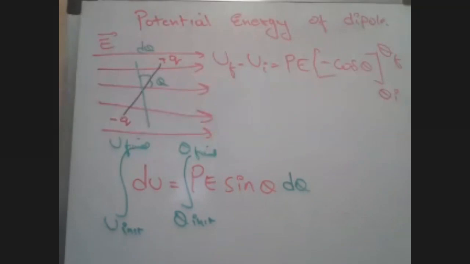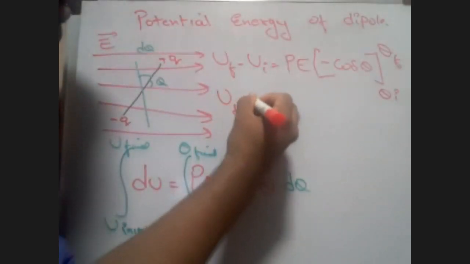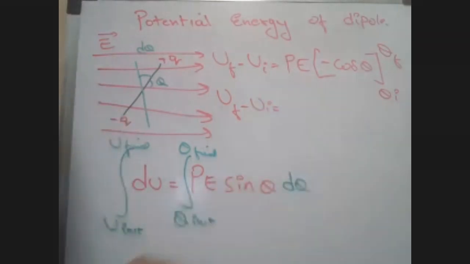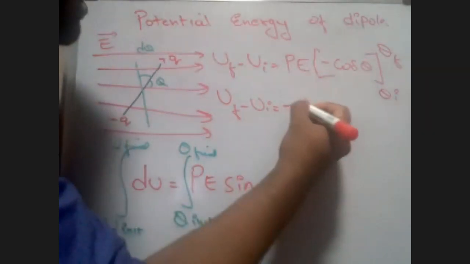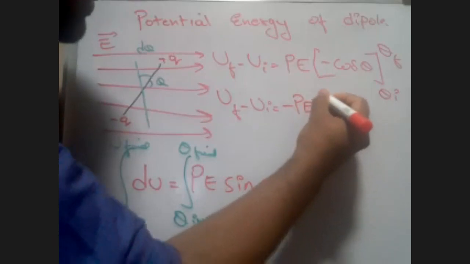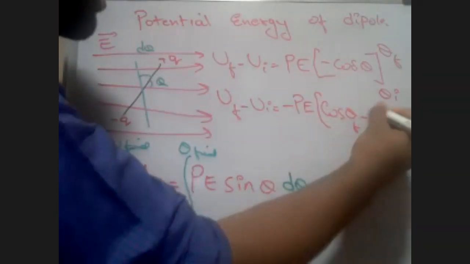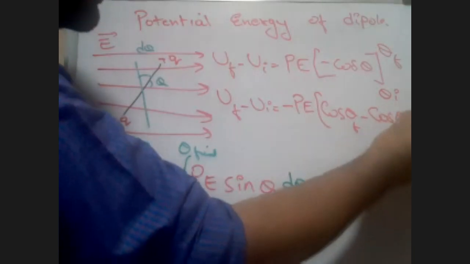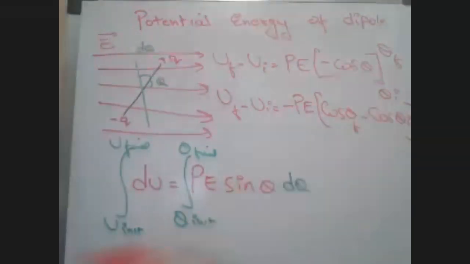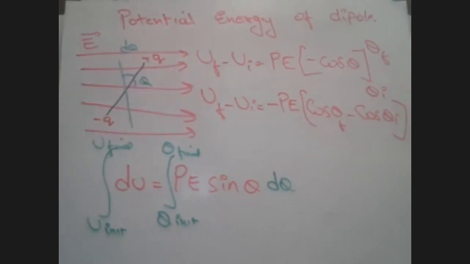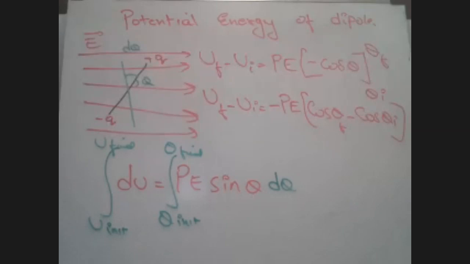In the end, Uf minus Ui equals PE. I can take the minus outside: Uf minus Ui equals minus PE times cos theta final minus cos theta initial. Yes or no?